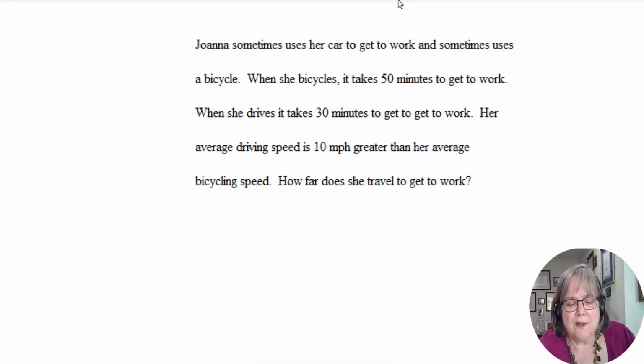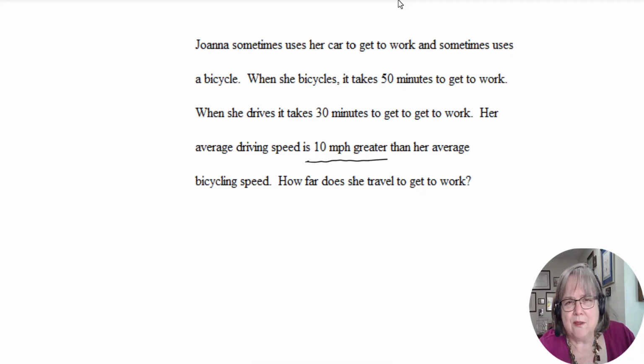This one has to do with how much speed somebody has when they're traveling. This could be airplanes, swimming, people walking, or like here, automobiles or bicycles. So once they start talking about somebody's speed, like 10 miles per hour greater than, and they talk about distances, that sort of information.